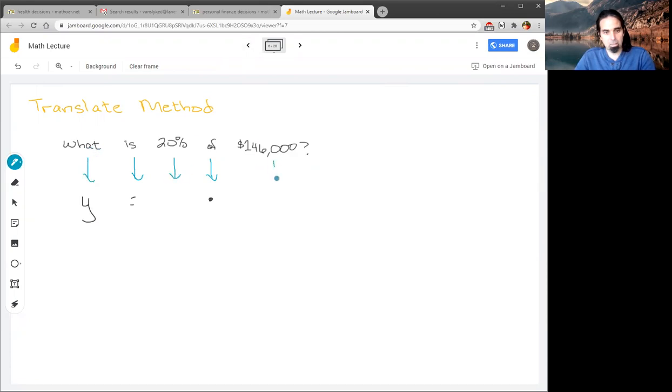Numbers stay the same. So 146,000 is just 146,000. And the percents we're going to change into decimals because it's easier to put them in the calculator reliably that way. So 20% becomes 0.2. So 29,200.